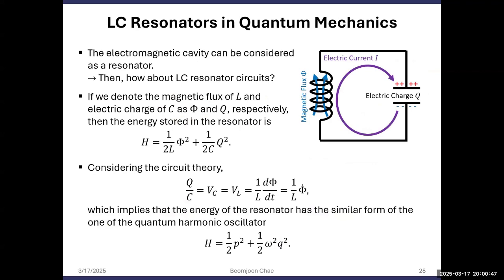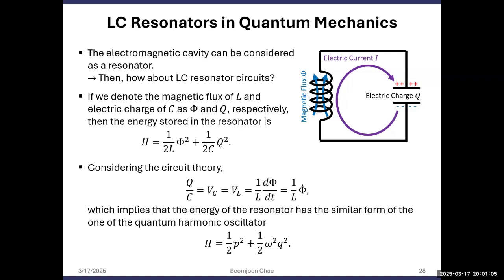If we denote the magnetic flux of the LC resonator in this way and the electric charge as Q, then the energy stored in the resonator is going to be like this. Considering circuit theory, Q is proportional to the time derivative of the magnetic flux.